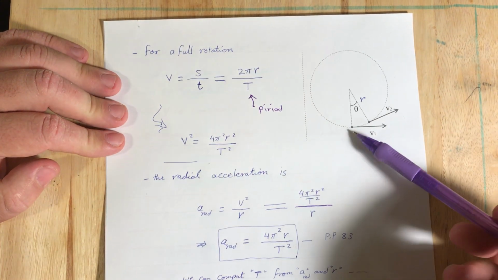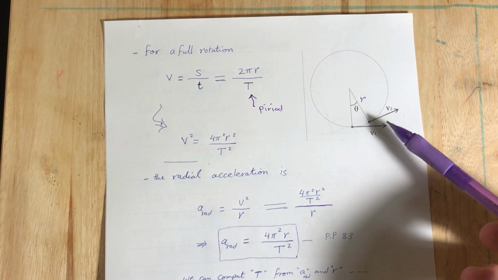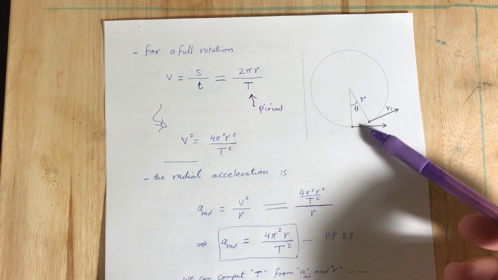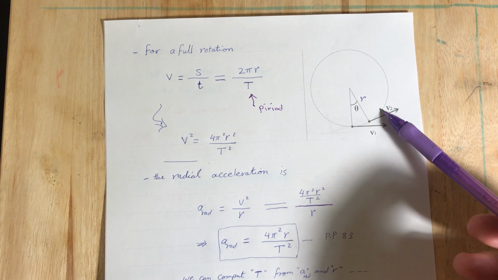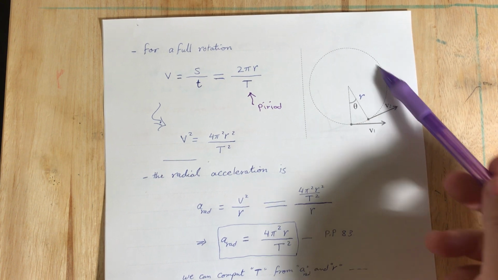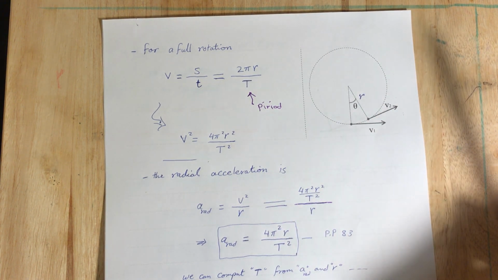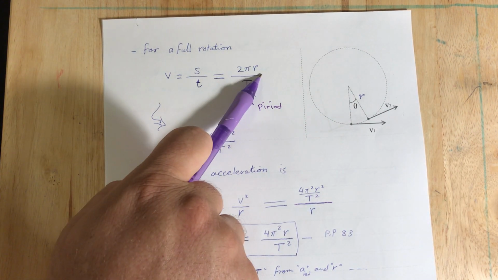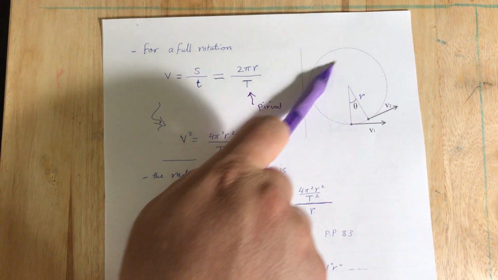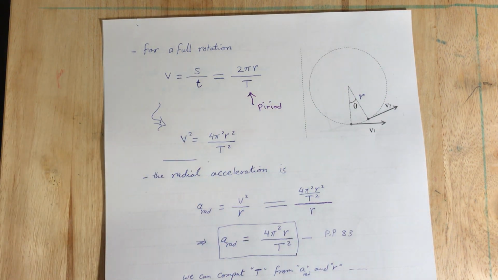So the speed, which is constant, is equal to the distance divided by the time. We know this formula. The distance is s, which is 2 pi r, and the time is the total period, capital T.